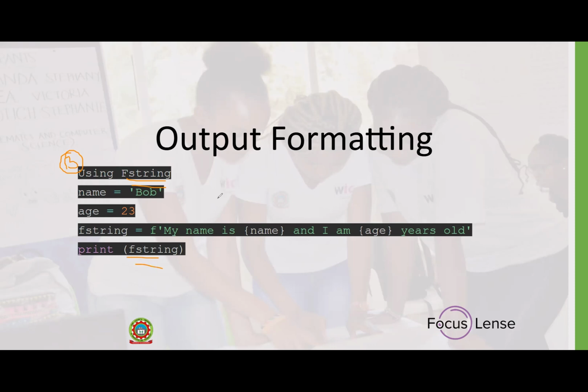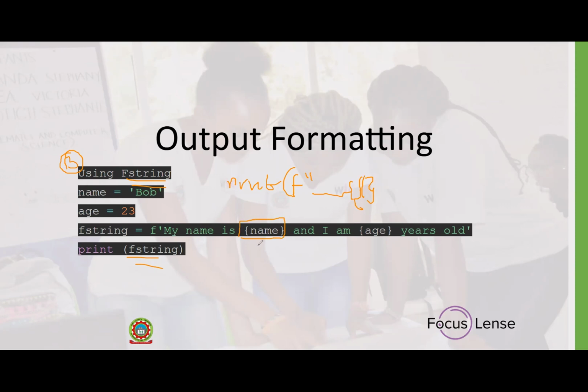I think the one which we did is you just say print into bracket F, okay? Then you put the quotes, and then you put something, then you put these curly brackets. Can you see this?